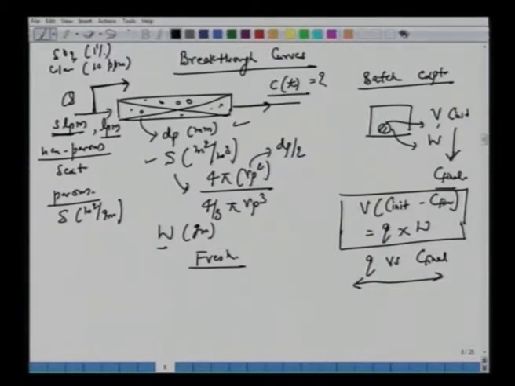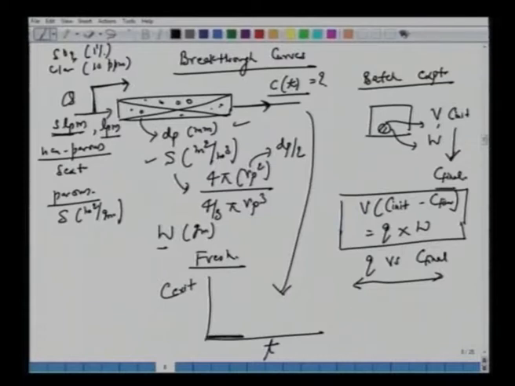Qualitatively you should be able to make out this response. We want to plot time and C exit. For a long time we will not see any concentration here, because first the fluid will take some time to reach here, that's the residence time, but even then, when the fluid goes through this solid adsorbent, some solute will be getting adsorbed.